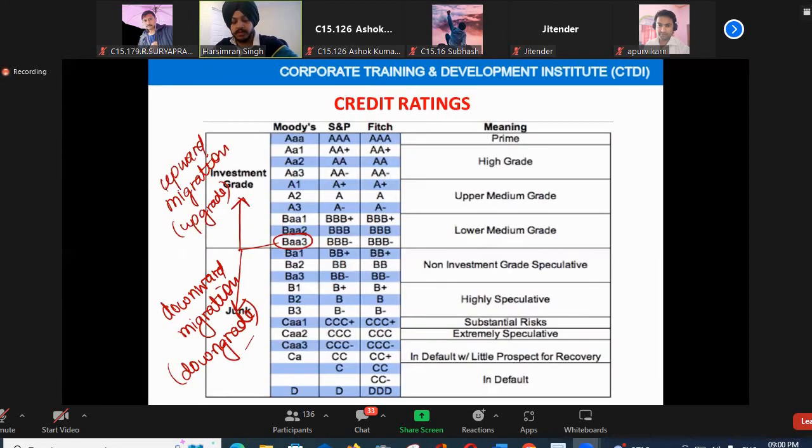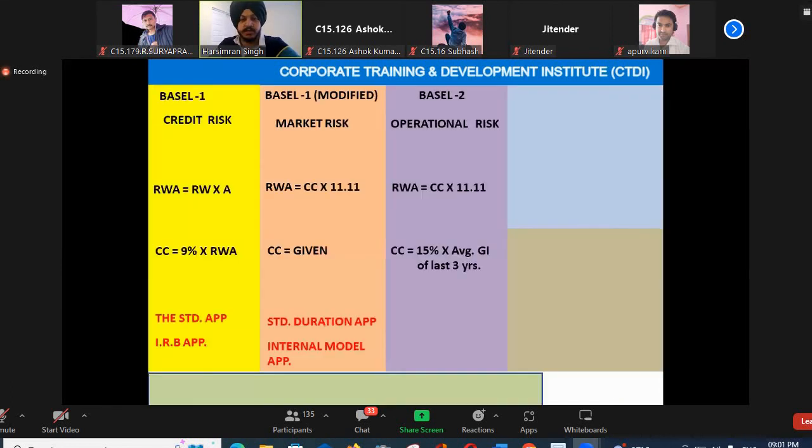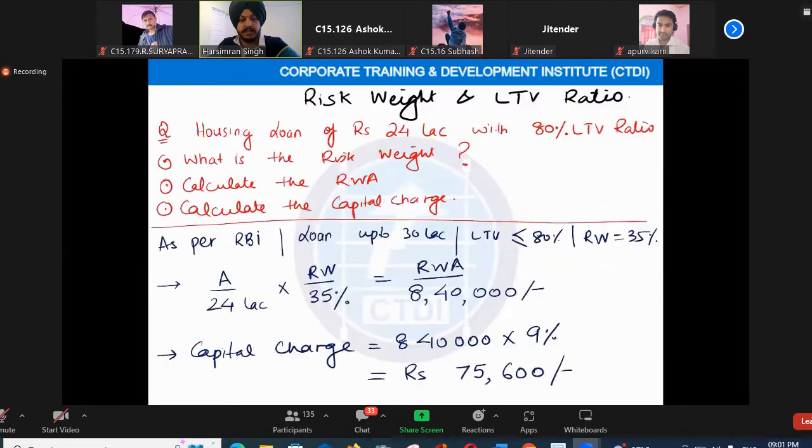See, suppose a bank has invested 100 rupees in a bond of a company whose rating is BB or B or CCC or D. So these are all non-investment grade securities. These are very, very risky. So here RBI tells you to add a haircut on exposure.